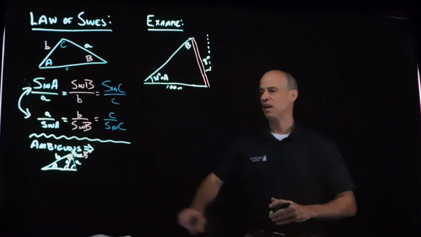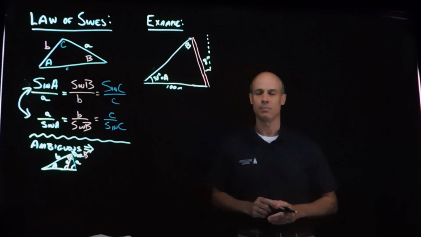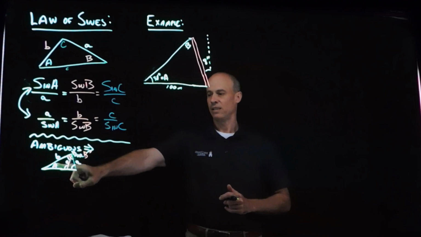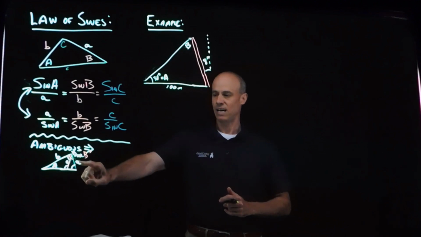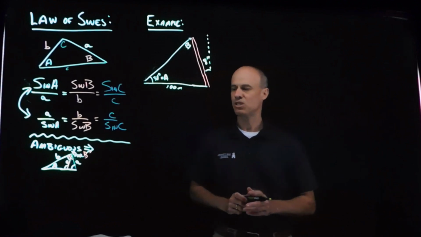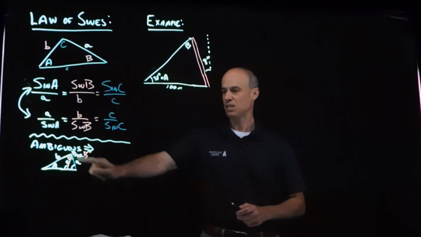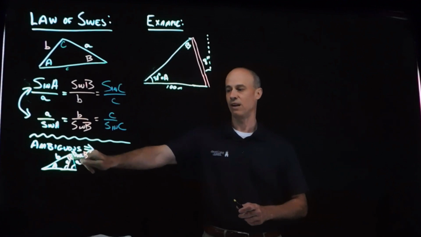Well, one of the things we should address is that there are times that you could have an ambiguous case. It's a unique situation where you have an acute angle that's not in between two known side lengths. So here I have angle A, for example, and I've got the side lengths a and b known. In this particular case, since I don't know the other angles, it's possible up here that angle B is going to be the smaller one, or it's going to be this larger one indicated in red.